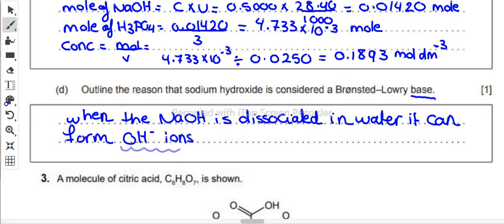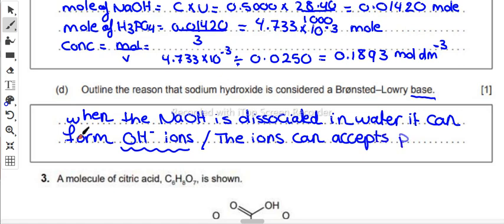These hydroxide ions which are present can act as a proton acceptor. The hydroxide ions can accept a proton.